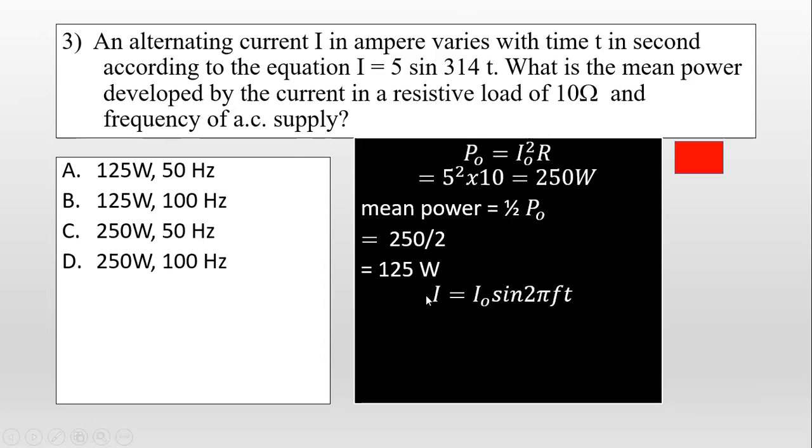Then compare with the standard equation, 2 pi f equals 314. That 314 is 2 pi f, and calculate your f, 50 hertz. Okay. Is anything not clear? No, I'm okay.